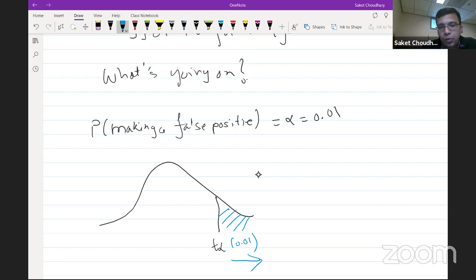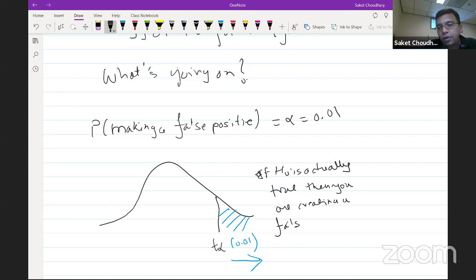However, if you also notice, if H naught is actually true, then there is a chance that you're creating an error. You're creating a false positive error if you reject the null.